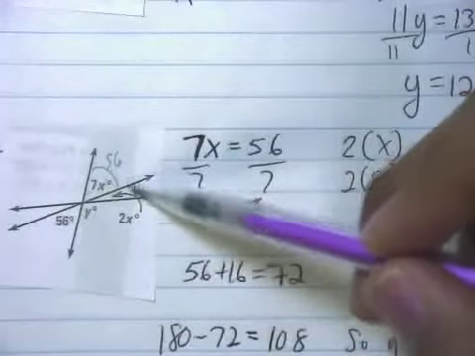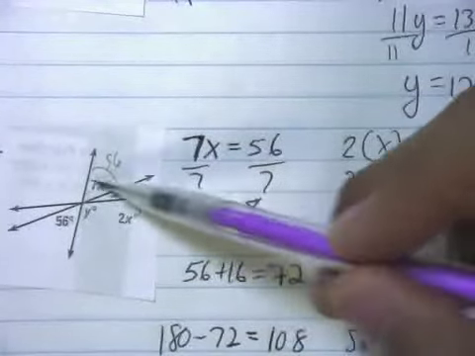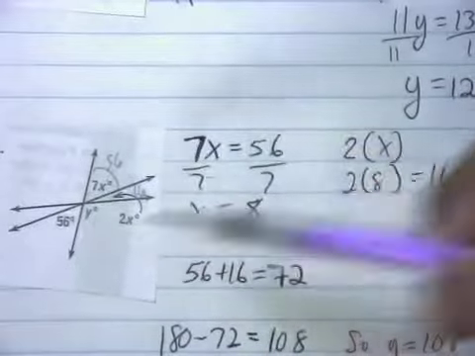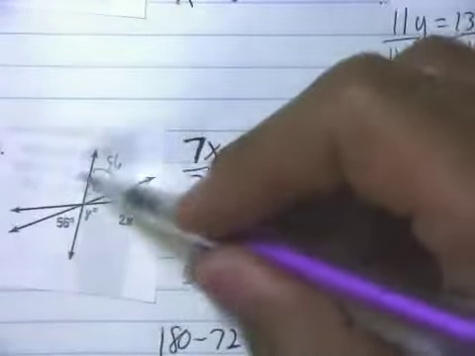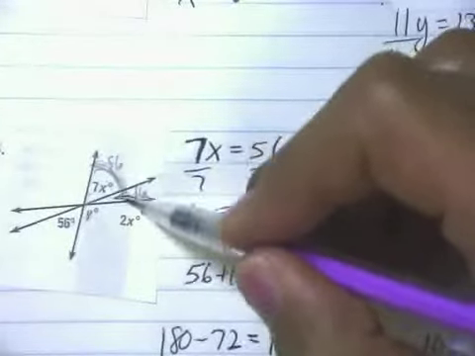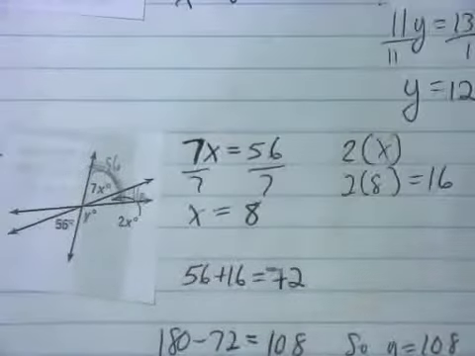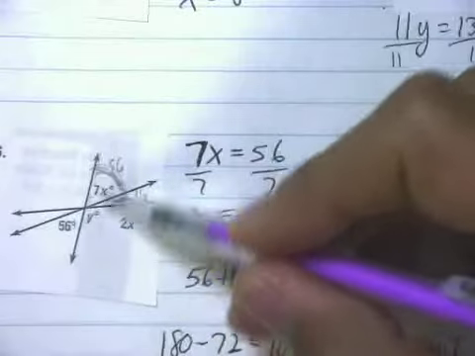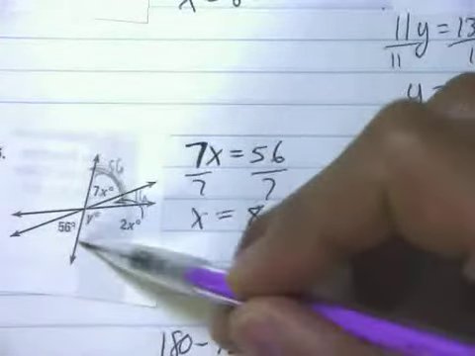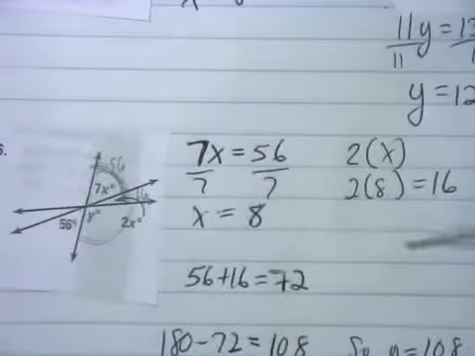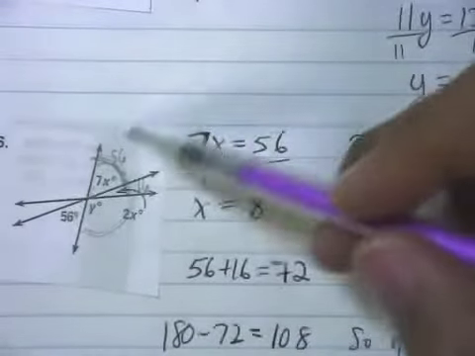Why is that important? Because now that I found x, 8, I'm looking for y. So it's important for me to know the size of these angles, because if I know the size of these angles, then I can figure out the value of y. Well, 56 plus 16 is 72. So this whole angle here is 72 degrees. Well, aren't these angles here supplementary?